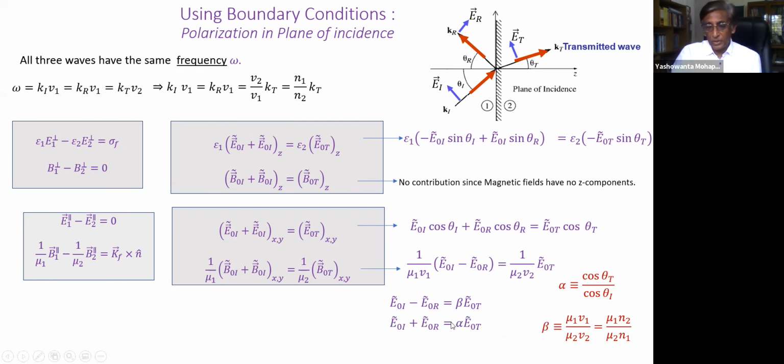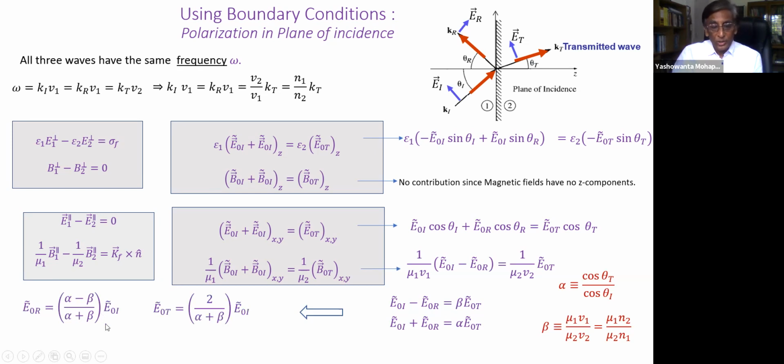So two simple conditions. This is the complex amplitude only, so complex amplitudes ui minus ur and ui plus ur in terms of alpha UOT and beta UOT. Once you obtain that, it's simple to solve for EOR, which is alpha minus beta over alpha plus beta UOI, and UOT is 2 over alpha plus beta UOI.